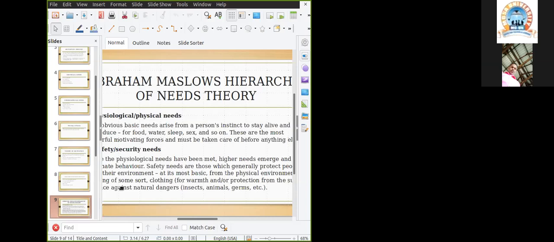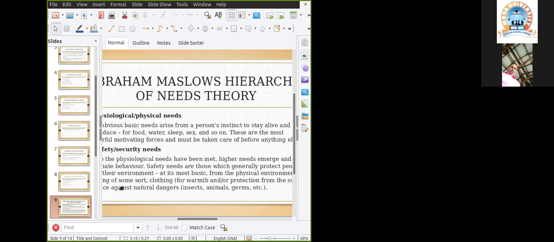We're talking about people that are able to reproduce or should be in a position to reproduce. In our context, we can say people that are married. So we have to appreciate in what context we're talking about as far as sex is concerned. Physiological needs are the basic needs that have to be met before one can have any other type of needs.